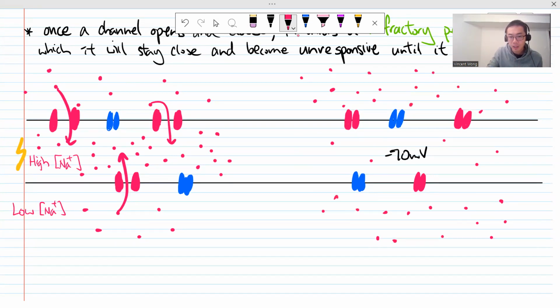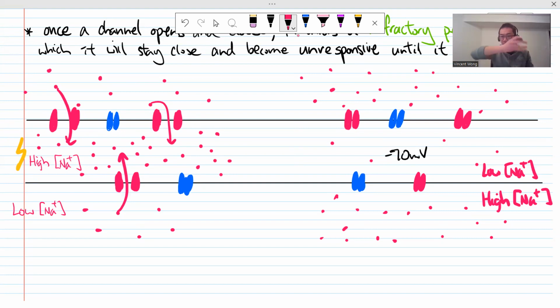So for the rest of the axon, all the way until the axon terminal, it is still going to be low sodium inside and high sodium on the outside, whereas in this current section it has been switched, because of all the sodium coming in.